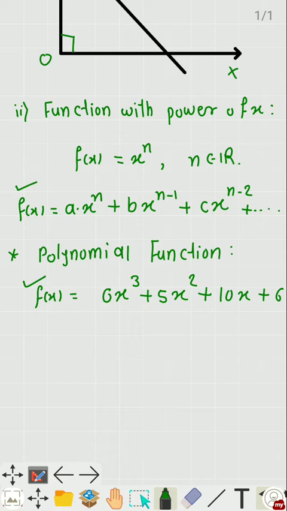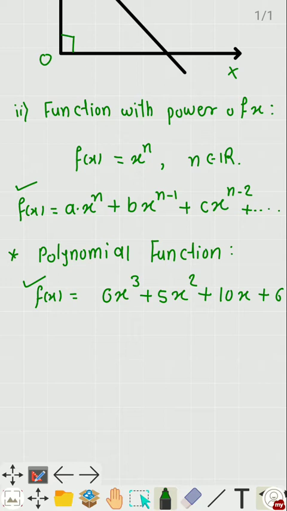Note that constant functions and linear functions are special cases of polynomial functions. Whenever the power of x is negative, say x raised to the power minus 3, then it will be represented by 1 upon x cube and so on.